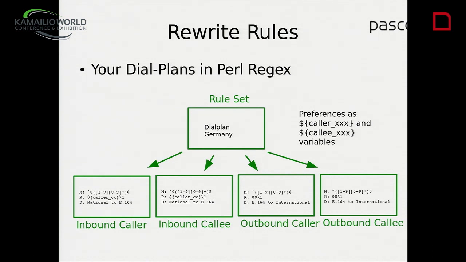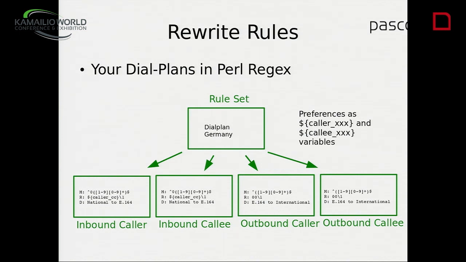Then the system will check the destination of the call, will select the destination. If the destination is a peer, the outbound rewrite rules assigned to the peer will be applied. And if the destination, for example, is another local user, the outbound rewrite rules of the domain assigned to that user will be applied.